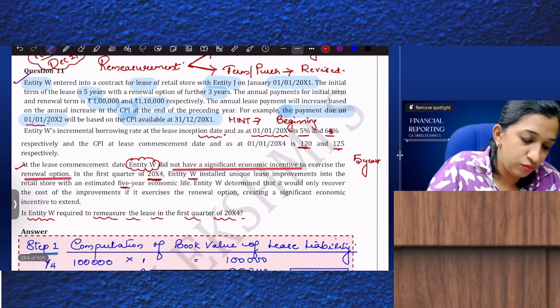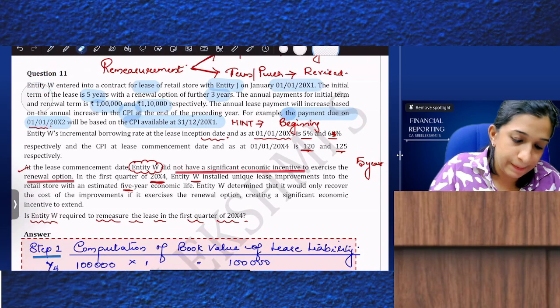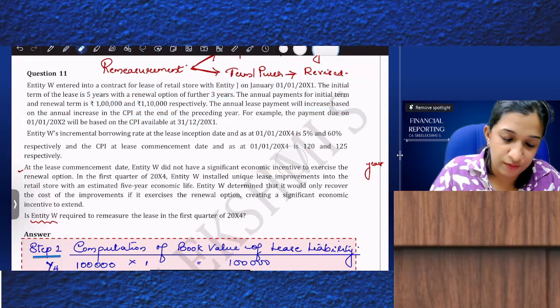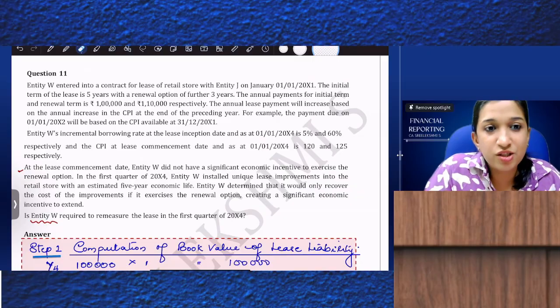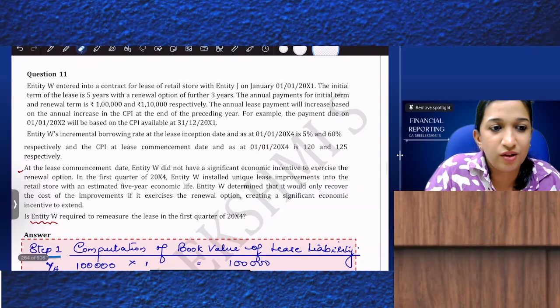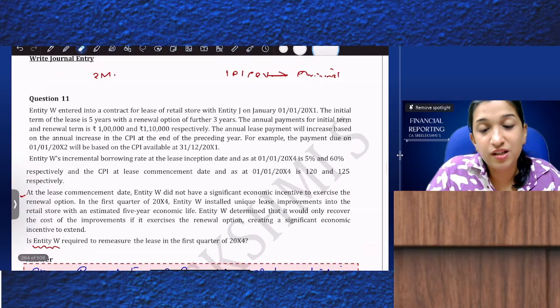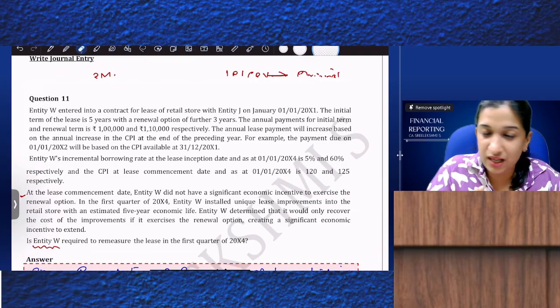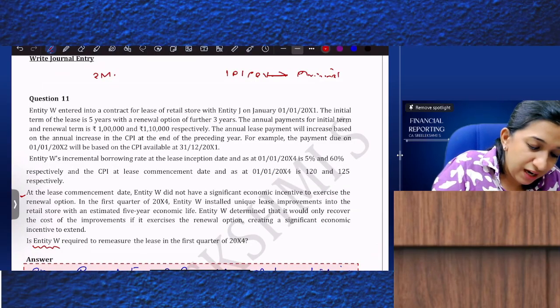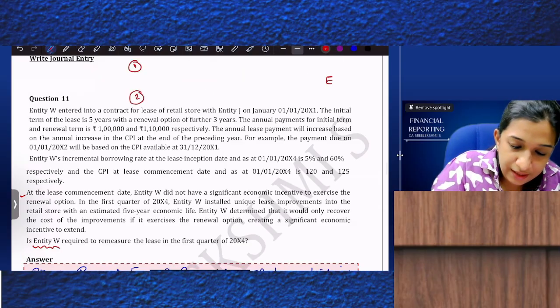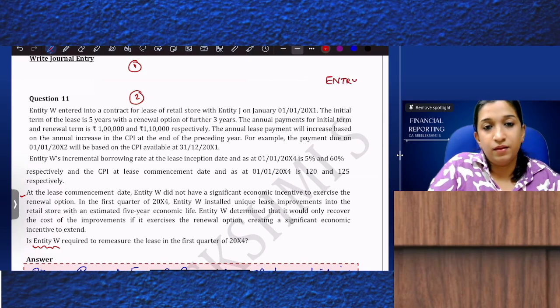So how will this be accounted? This is remeasurement. There is no amendment. What are the accounting treatments required? If it is not a modification, we can do this in steps.